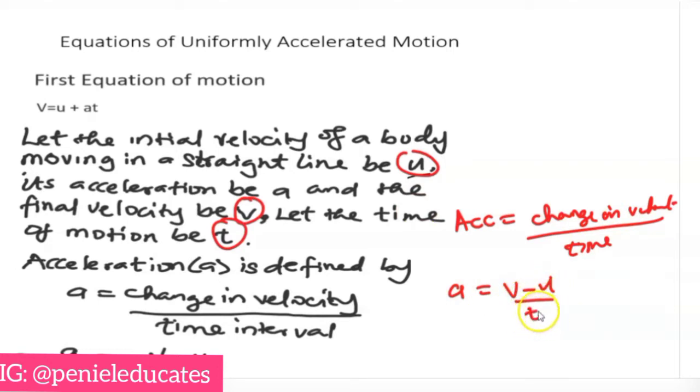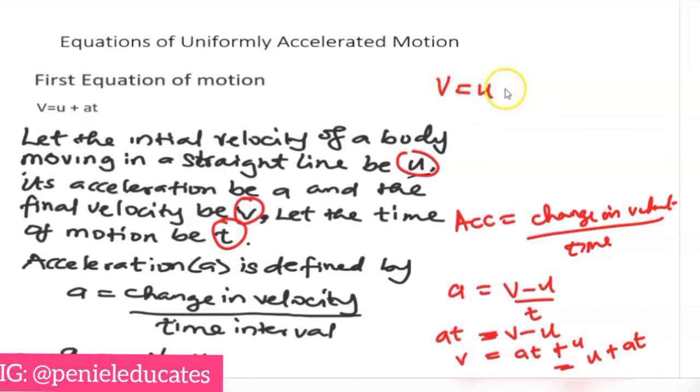If you do cross multiplication, you're going to have at equal to v minus u. Then our v, the final velocity, will be u plus at. So the first equation of motion is v equals u plus at.